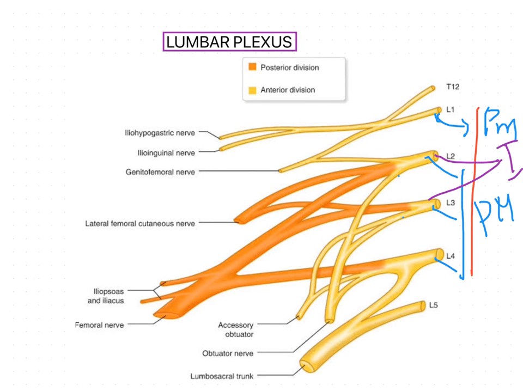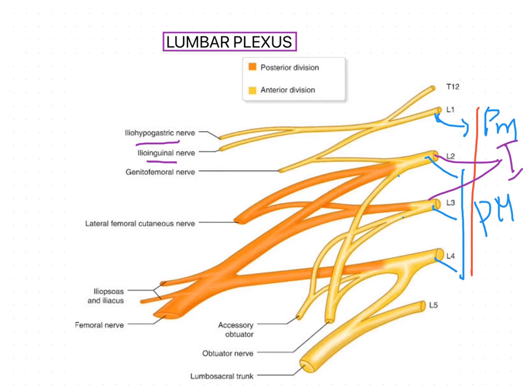These are all the branches which come from the roots. Now these are all the branches arising from the lumbar plexus. We will see this again. So what are the branches?